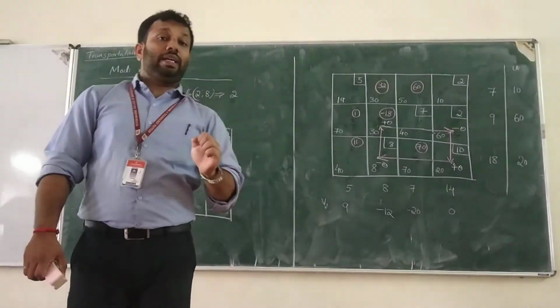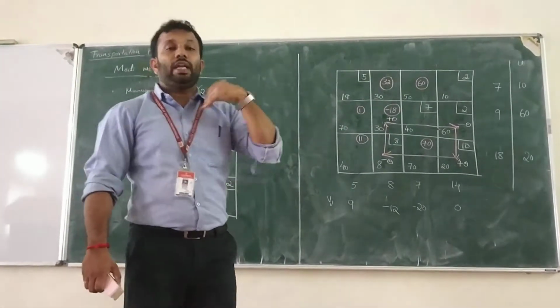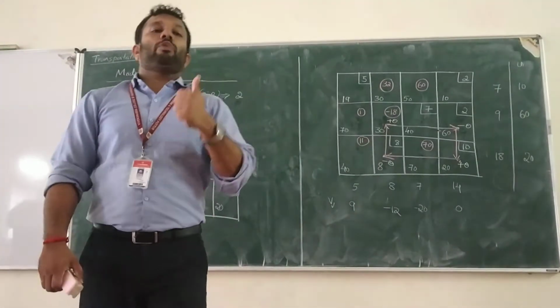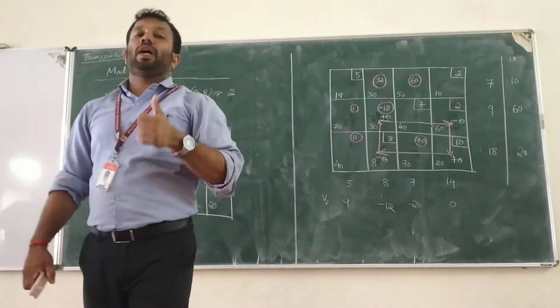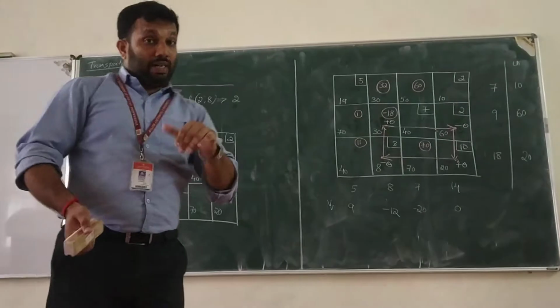If you get a negative DIJ value, again you have to go for one more iteration. Similarly, until you get DIJ values as positive and 0, you have to carry out the iteration.